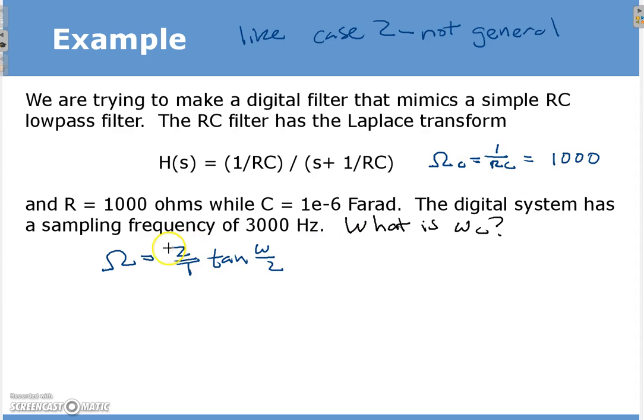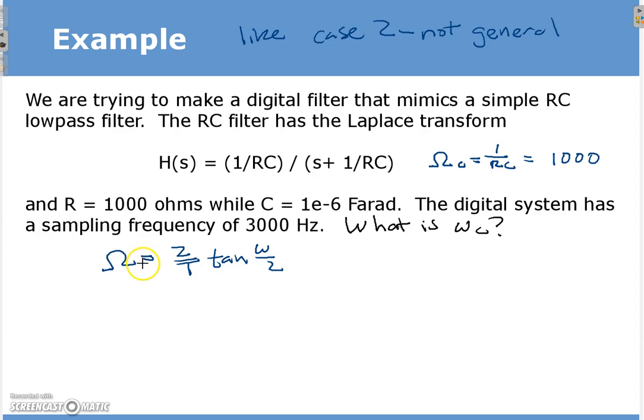Now we have this frequency warping equation. This is the generic equation. In this particular case, we know the sampling frequency, so that determines T. We know the resistor and capacitor values, so that sets this. So we basically are going to solve for this, for the digital frequency.